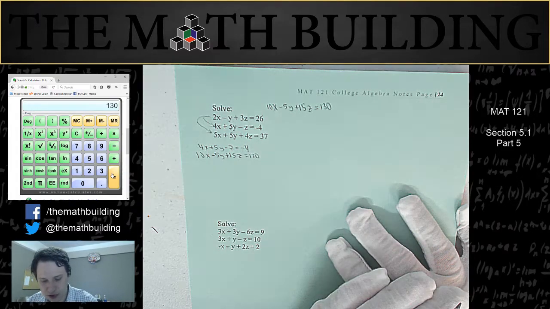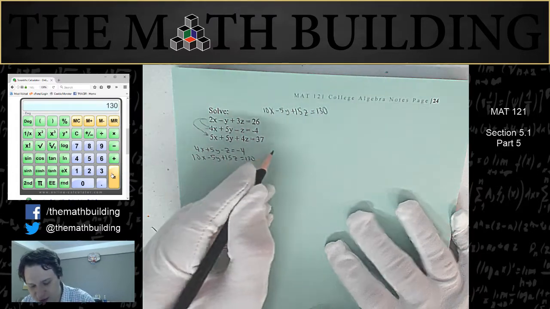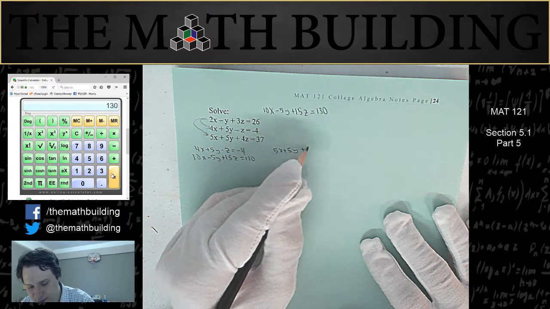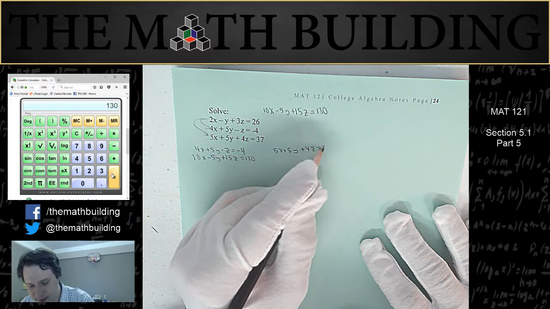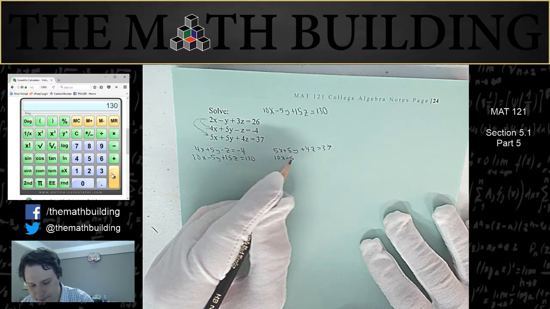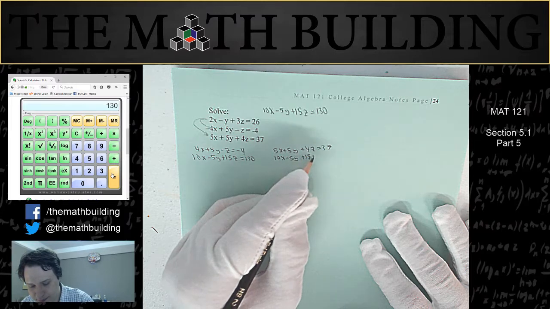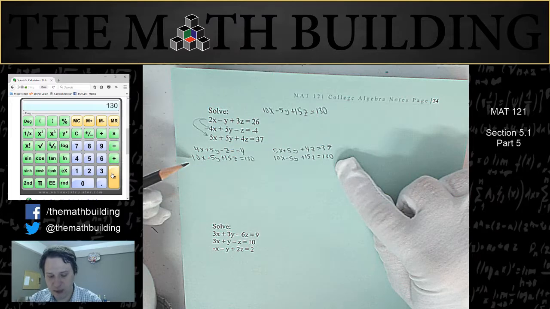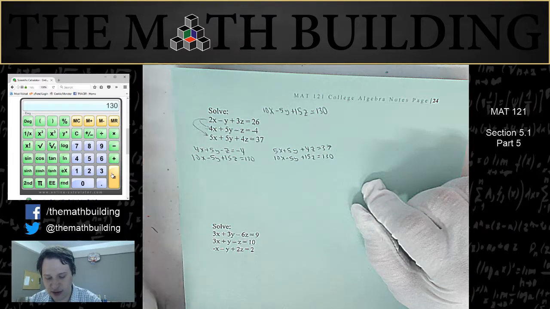Okay, just like that. And now let's take the third equation and add it to the top equation. So that's what we're doing. We're going to take the top equation and add it to the second equation and add it to the third equation.